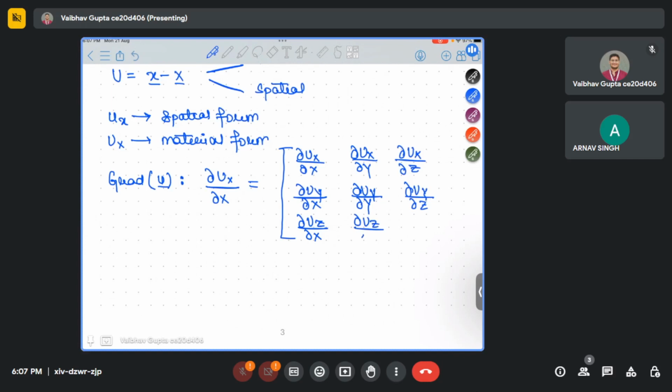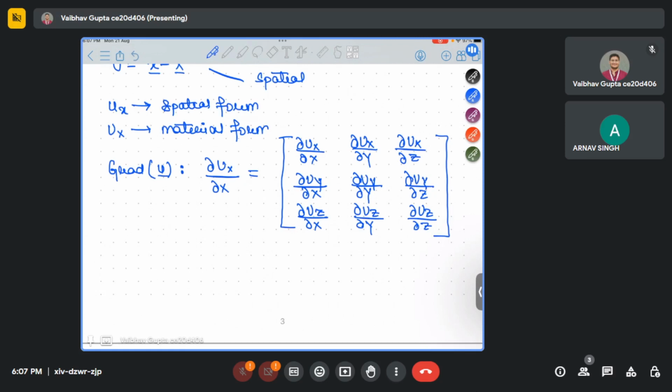All these things will be clear with the help of an example. First I'll tell you what concepts I am using today and what has been covered in the week 4 lecture. Similarly, this is known as capital H. And similarly, small h is equal to grad of u, which is the partial derivative of displacement in spatial form.